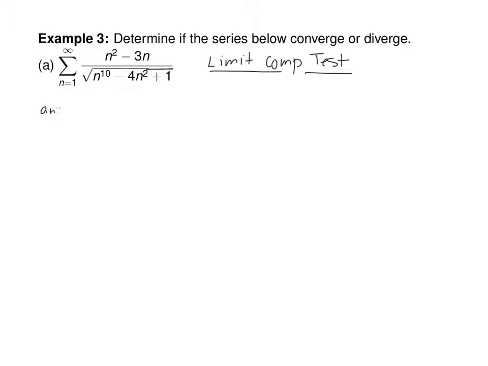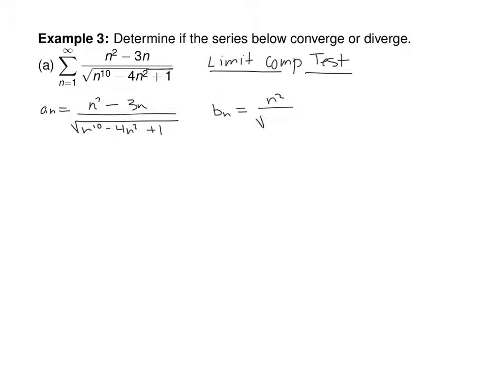So we're going to let a sub n be the terms in your series, and b sub n be the terms of a simpler series that you know something about. And the way that I think is best to find that is to take the highest order terms in the numerator and denominator.